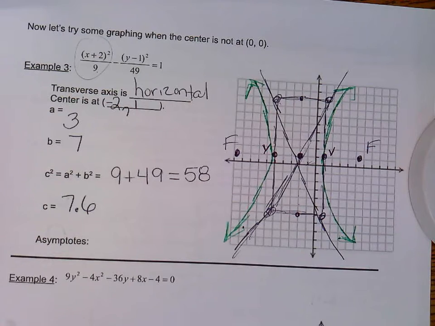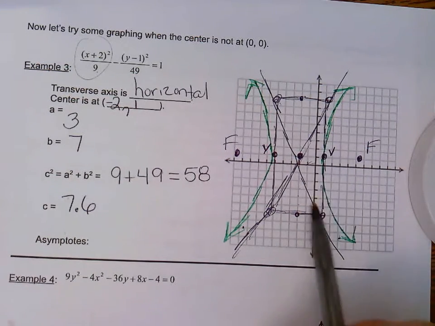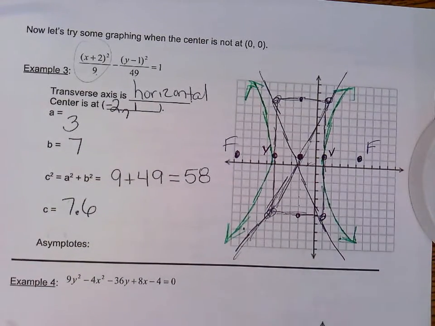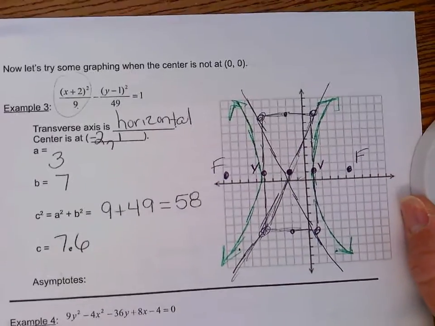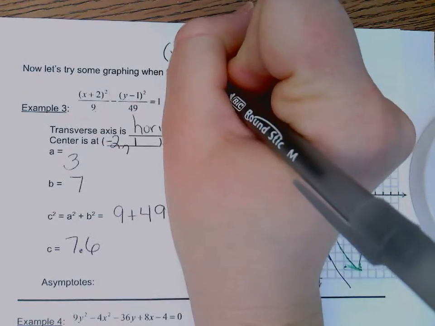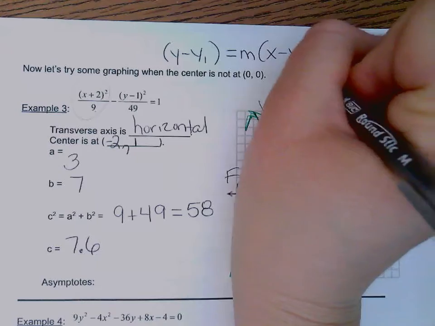Asymptotes are a little bit trickier now that, see how I don't go exactly through a y-intercept with my asymptotes? So to me, point slope form is the easier form to use, which might blow your mind if you haven't taken Algebra 2 in a long time. Point slope form is y minus y1 equals m times x minus x1.